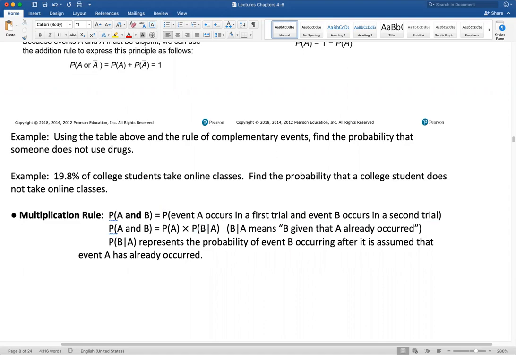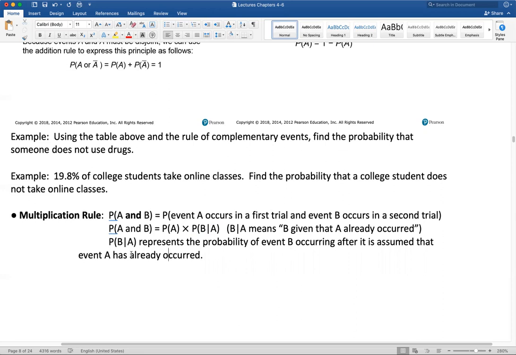That symbol means the probability that B occurred, given that event A has already occurred. So P of B given A represents the probability of event B occurring after it is assumed that event A has already occurred.